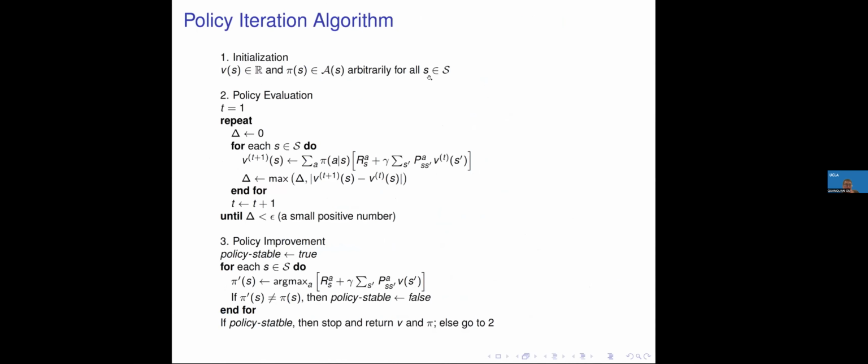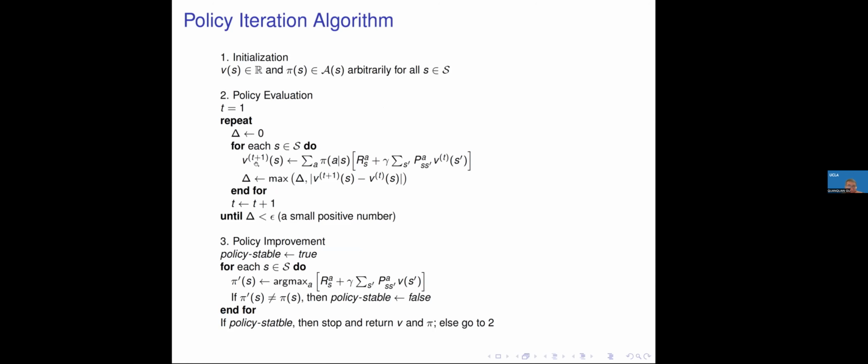Okay, so here's the algorithm for policy iteration. You can see that it's a loop algorithm. The first step in the loop is to do policy evaluation based on this value iteration.